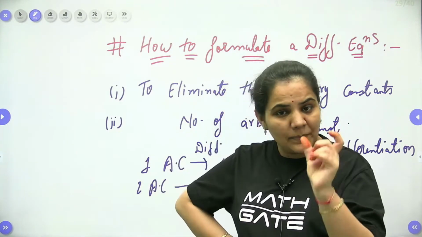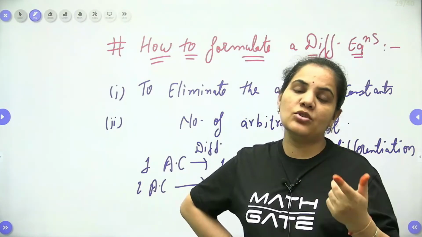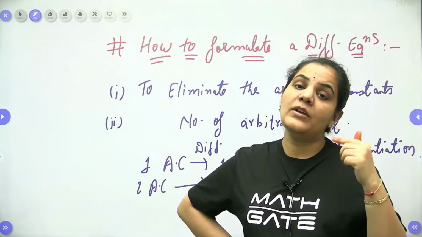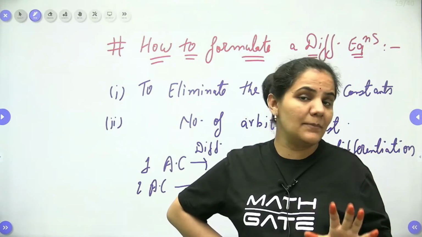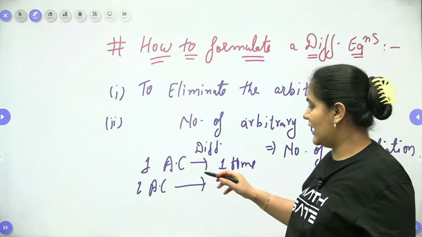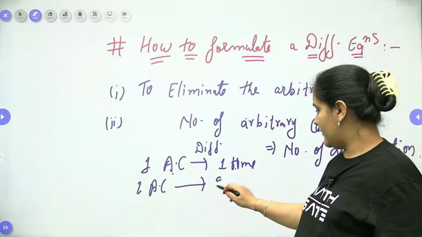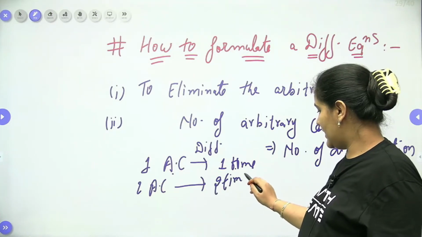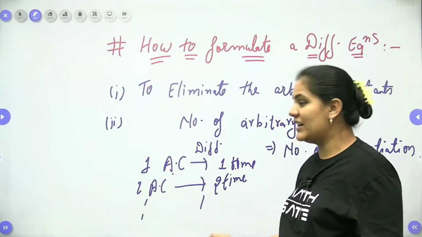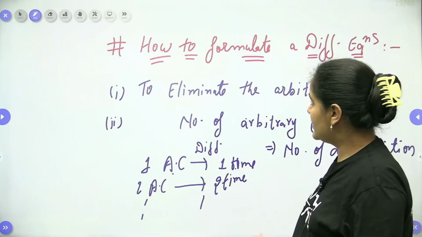You differentiate the given equation, and how many times you differentiate depends on the number of arbitrary constants in it. If there is one arbitrary constant, you differentiate one time; if there are two, two times; if there are n arbitrary constants, n times. This is the process we have to follow.